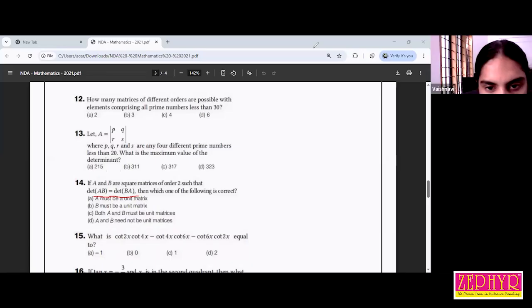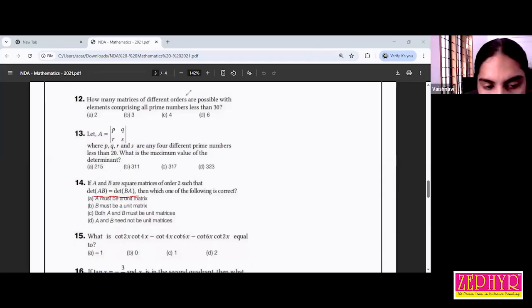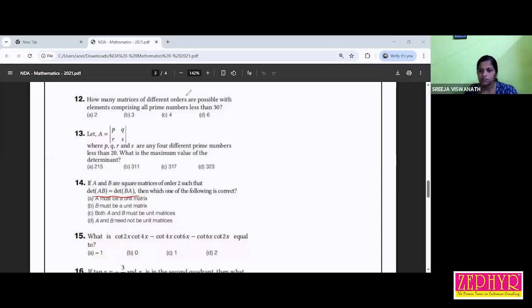No, not needed. Option B, B must be a unit matrix. No. Both A and B must be unit matrices. No. A and B need not be unit matrices. Option D.